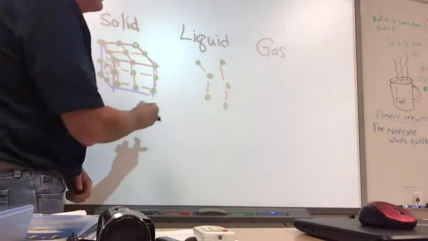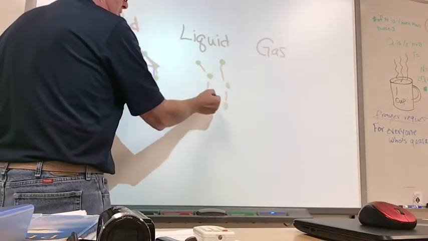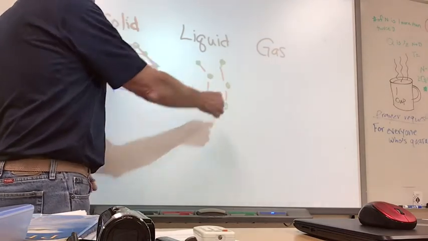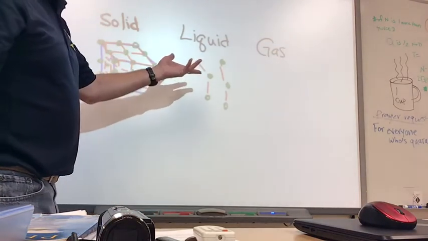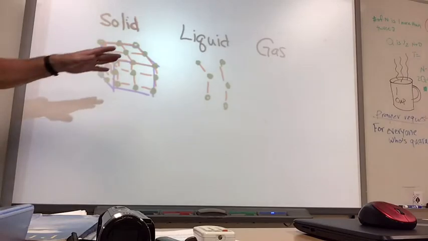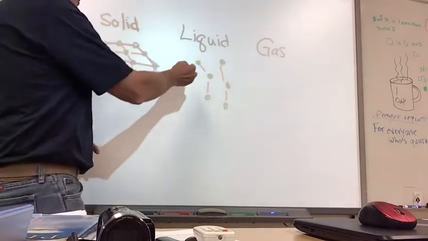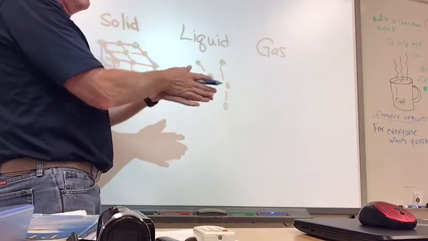And there can be interaction, we'll talk about that later, in between these, even though they're in separate chains. Whether it flows in like water, it just flows right past. It's very easy. In syrup, there's interaction between these, so it kind of sticks as it goes.